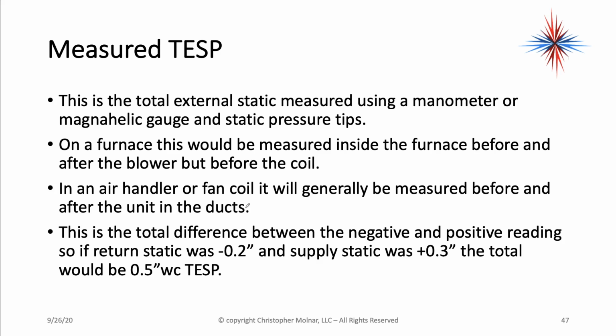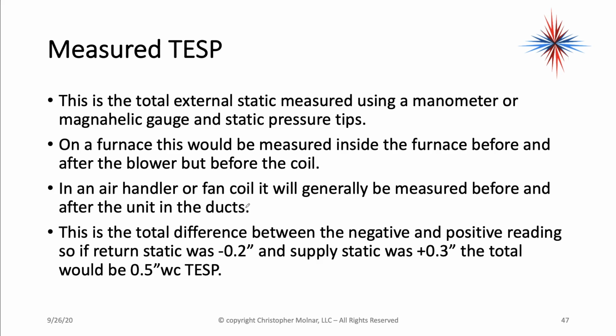So to measure the static pressure, you use a manometer or magnehelic gauge along with static pressure tips. On a furnace, this would be measured inside the furnace before and after the blower, but before the coil. In an air handler, it's measured before and after the unit in the ductwork.